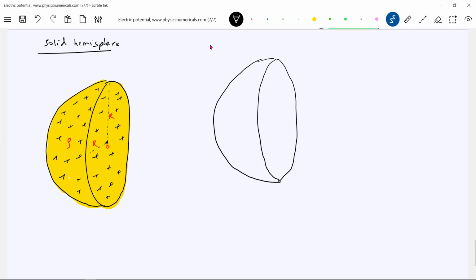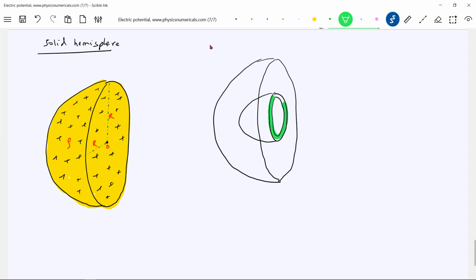I'll try to give a better diagram. Okay, no, I think, okay, I don't know how the diagram.